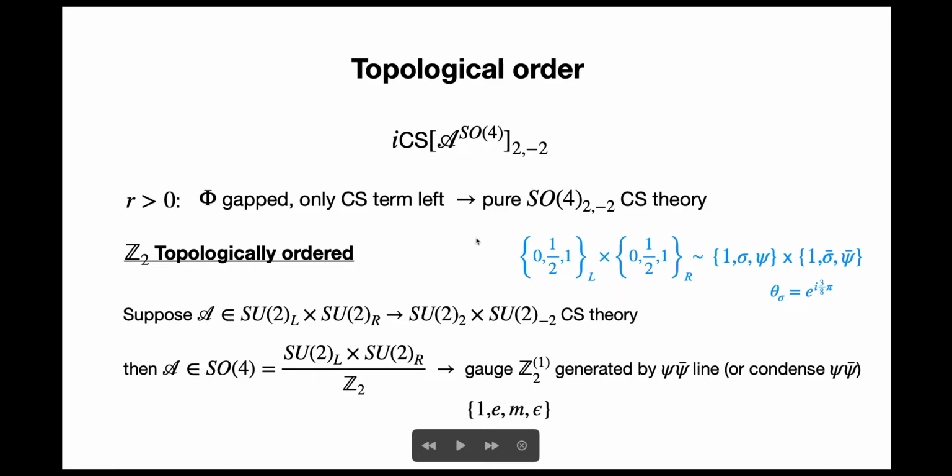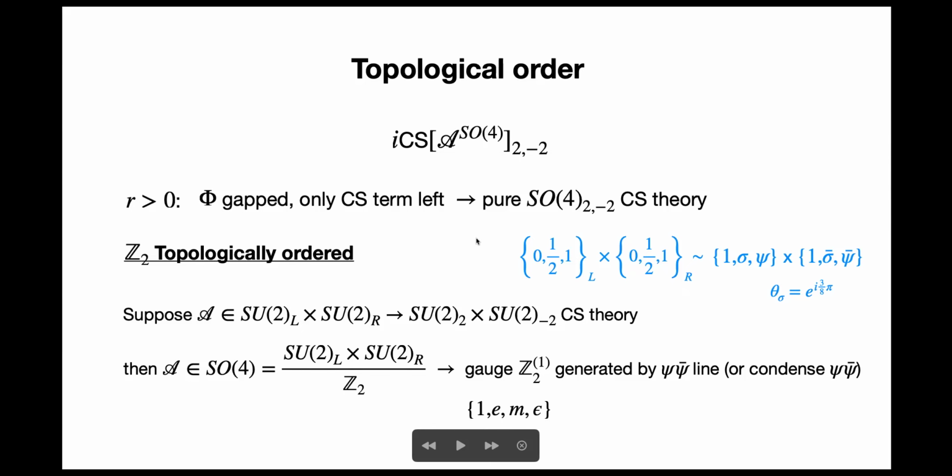But in reality, our A field is actually an SO4 gauge field. So we need to mod out the Z2 in this topological order. Modding out this Z2 means that we need to throw out all the lines that have half-integer total spin, leaving only the integral spins. Formally, that's called gauging the one-form symmetry generated by this 1-1 line, or Pachner bar line.